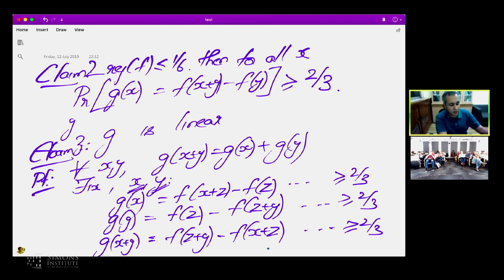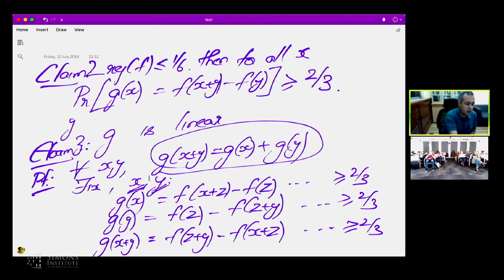The fact that it's an overwhelming majority lets us prove this. To show this condition, we are using another element z coming from the overwhelming majority to show that g of x plus y equals g of x plus g of y.